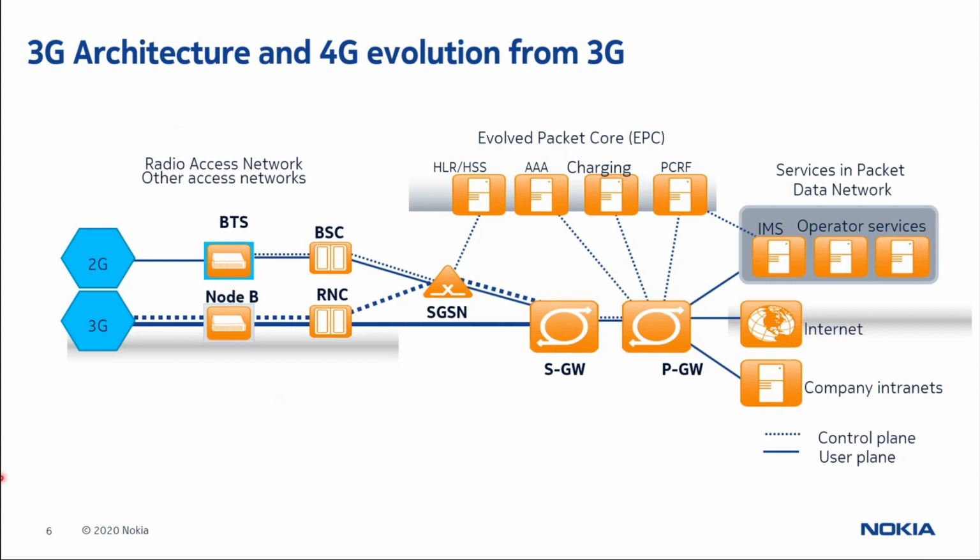As you can see in this picture, there is a network element called BTS on the left hand side, and there is also something called BSC. So BTS stands for base transceiver station. It is basically used in a GSM network, and it comprises radio transmitters and receivers.